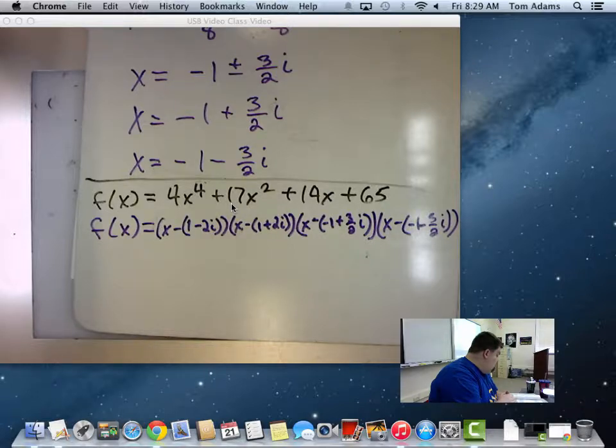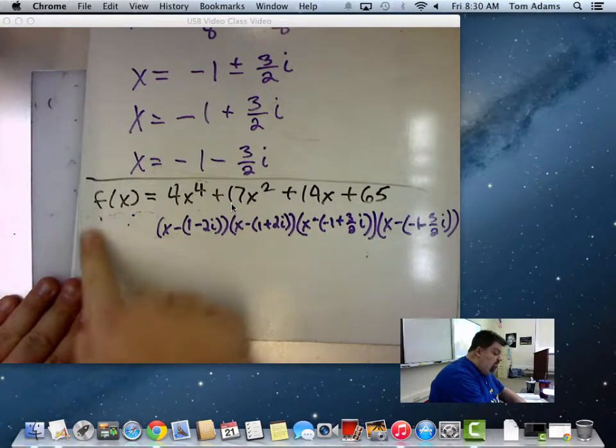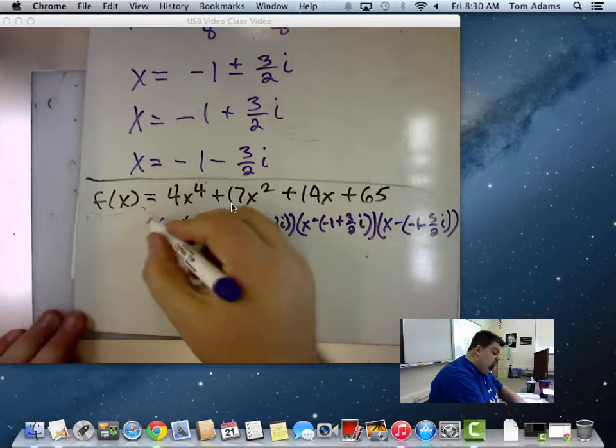Now, the only other issue is that we have to do things a little differently, in that you have to put in the leading coefficient. Okay? And so the 4 zeros then, those are the zeros. Because the leading coefficient was 4, we do have to tack that 4 on the beginning.